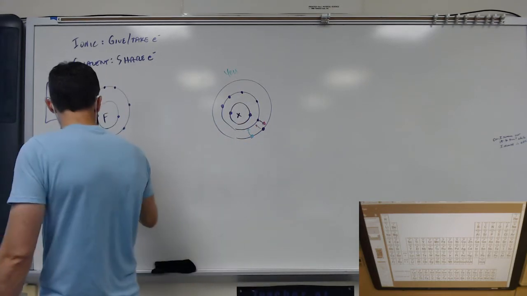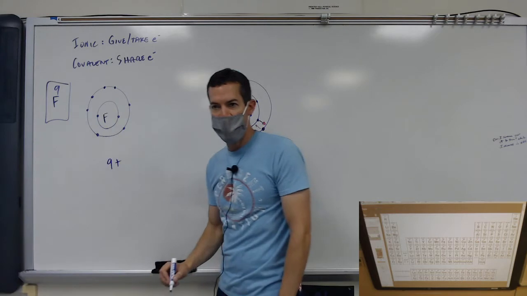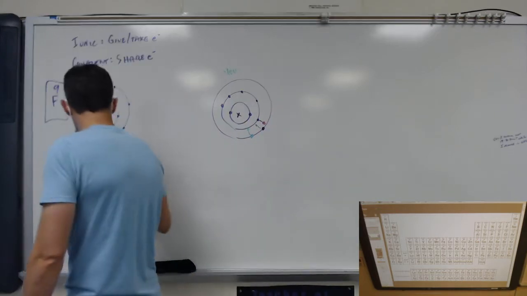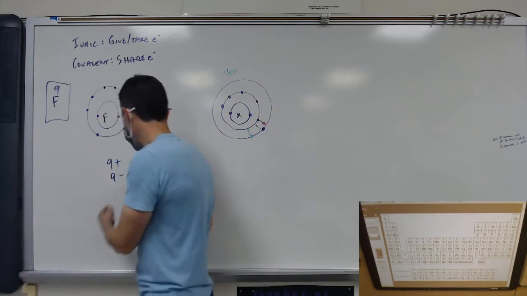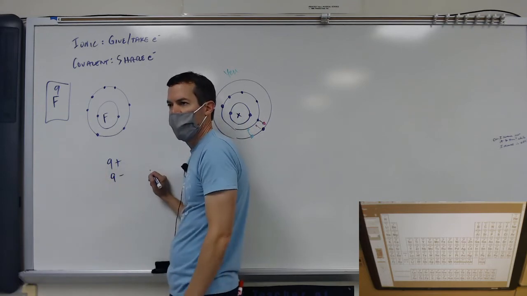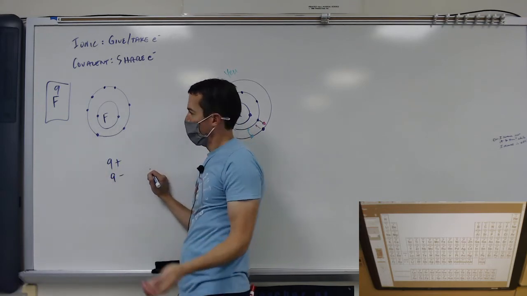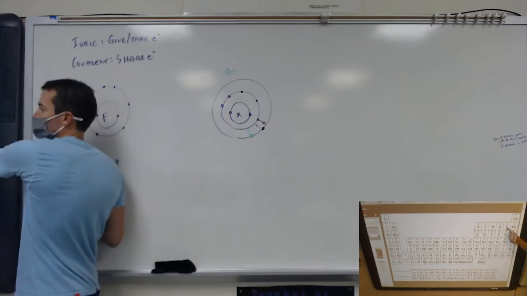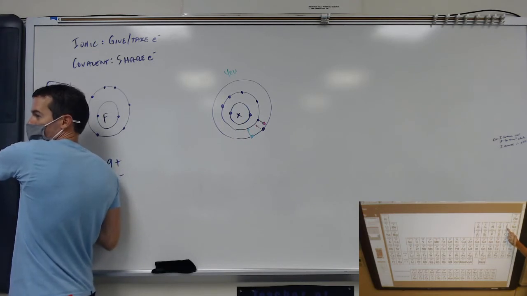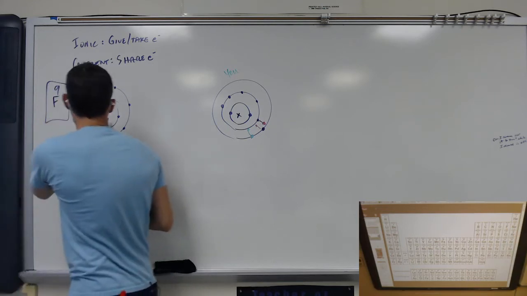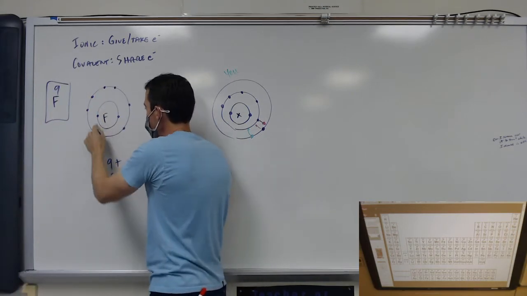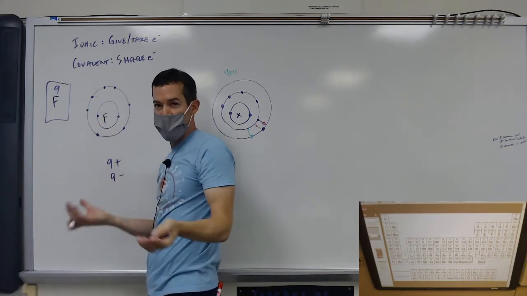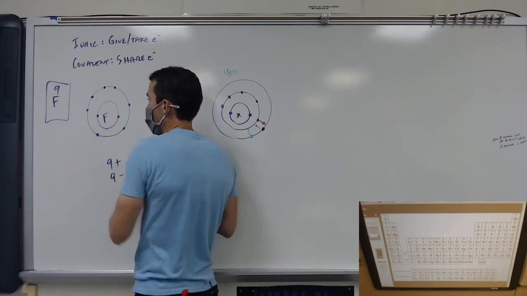How many electrons does it have? 9. So is it neutral or does it have a charge if it's got 9 and 9? It's totally neutral. However, is it stable? No. What does it need to become stable? 1 more electron. The rule is when your outer layer is full, you are stable. So right now it needs 1 more electron.